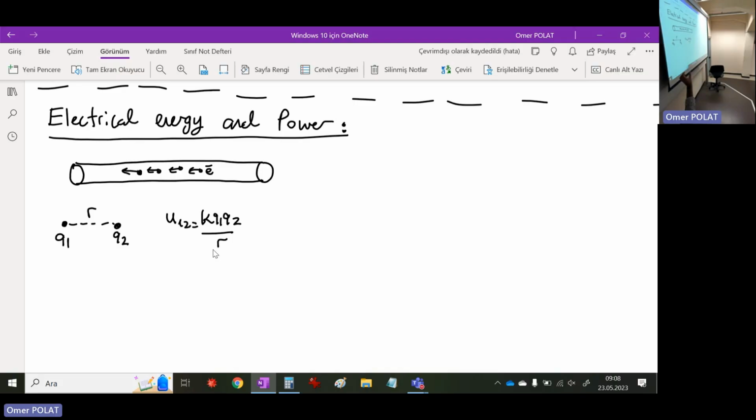This is the energy. If the two charges are close to each other, energy is high. If the distance between the charges is getting bigger, energy is decreasing. For example, if I double the distance, even with the same amount of charge, I don't have the same energy. So distance between the charges is very important.